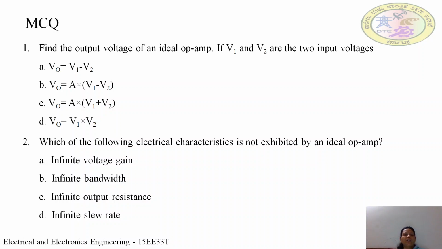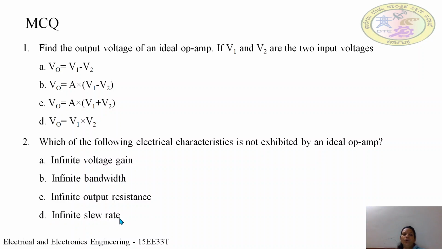The second question is, which of the following electrical characteristics is not exhibited by an ideal op-amp? Make a point, not exhibited. Infinite voltage gain. Yes, an op-amp has infinite voltage gain. Infinite bandwidth. Of course, operational amplifiers have infinite bandwidth. Option C, infinite output resistance, and option D, infinite slew rate.